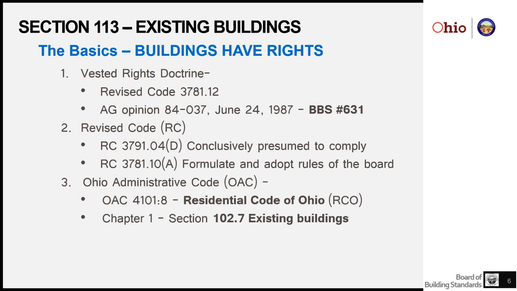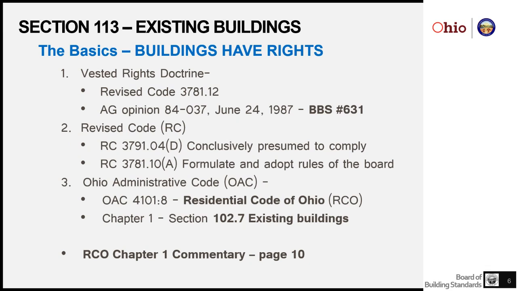And that is the place to start when you're dealing with any kind of addition, alteration, repair, or change of occupancy to an existing building. Also, Chapter 1 of both the commercial code and the residential code is all Ohio language, and the board has prepared a commentary for Chapter 1, and there is a specific one for the residential code because there are some slight differences.